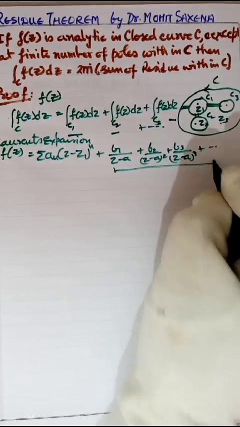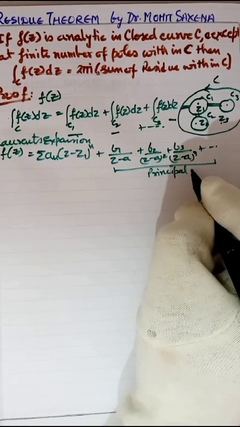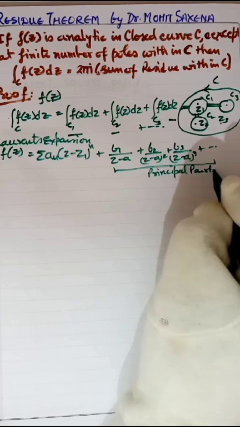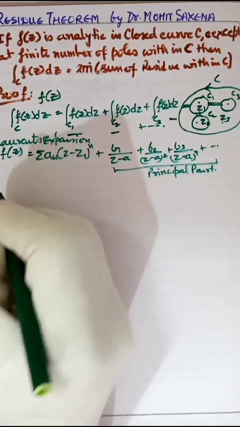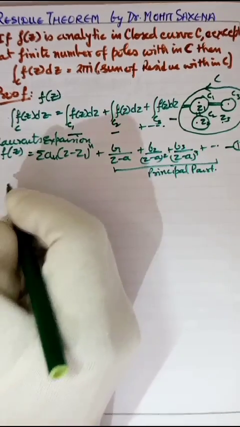This part is known as the principal part of the Laurent expansion. Now we can integrate this equation 1 with respect to z.